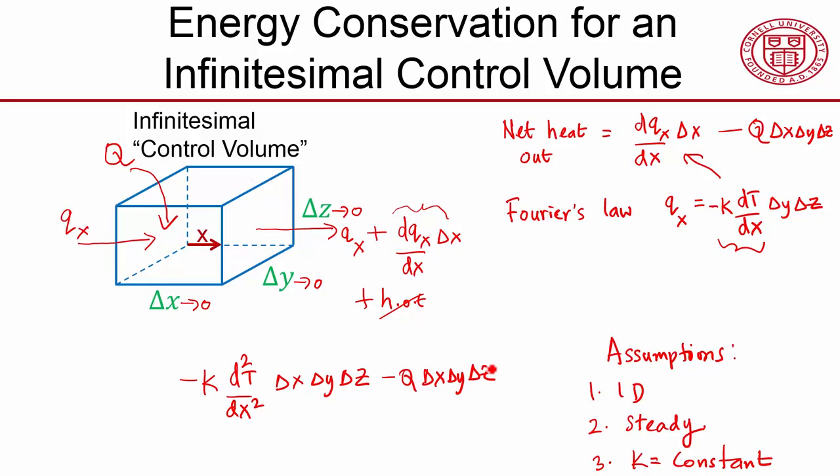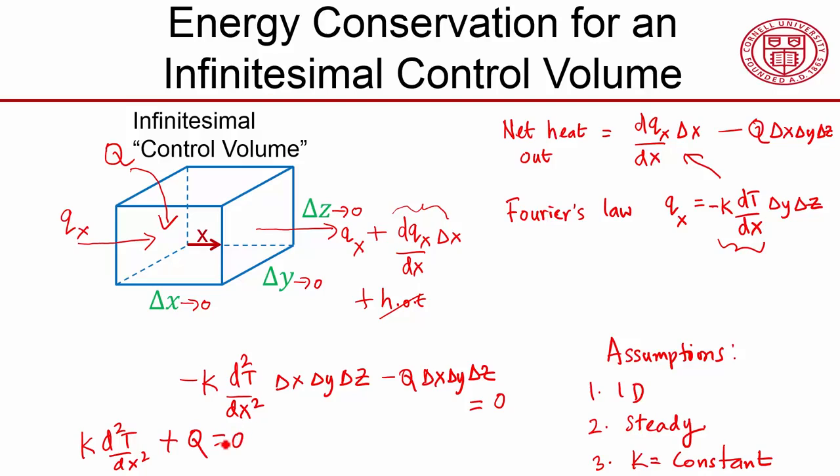If energy is conserved, and I have no other effects, the heat going out minus the heat added should be equal to 0. I can divide through by delta x, delta y, delta z, and I'll get my final governing equation, which will look like k d squared T dx squared plus Q is equal to 0.